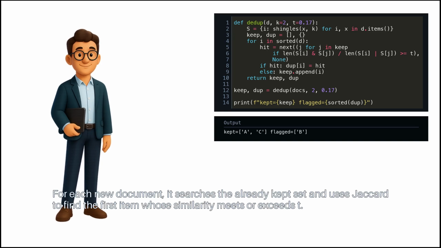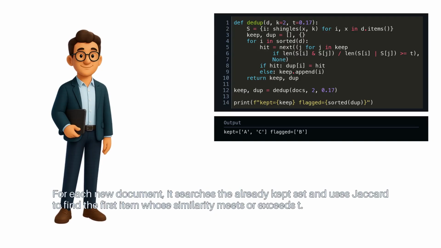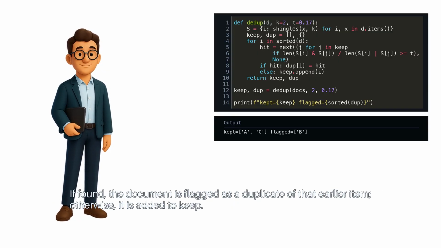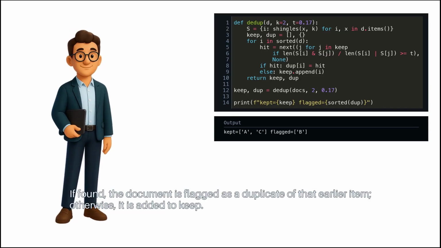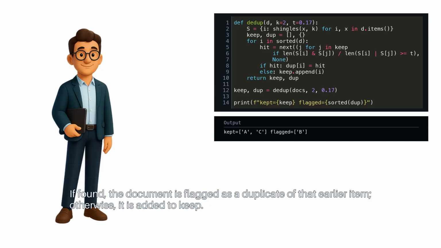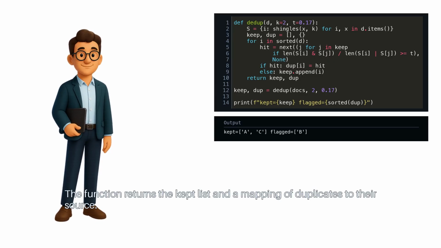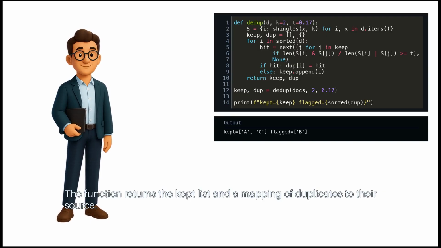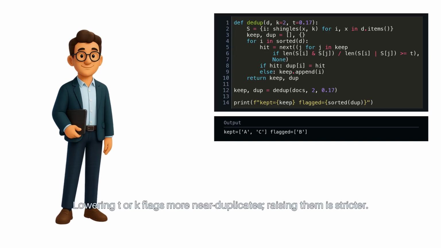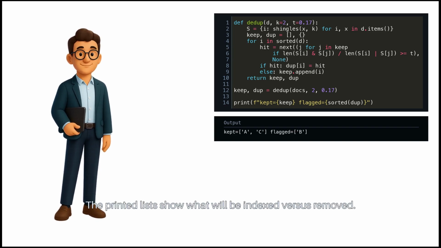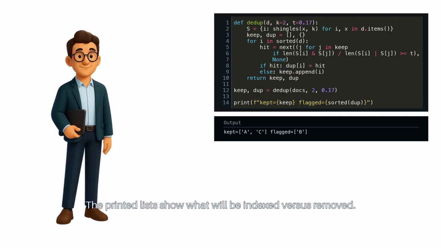For each new document, it searches the already kept set and uses Jaccard to find the first item whose similarity meets or exceeds T. If found, the document is flagged as a duplicate of that earlier item. Otherwise, it is added to keep. The function returns the kept list and a mapping of duplicates to their source. Lowering T or k flags more near duplicates. Raising them is stricter. The printed lists show what will be indexed versus removed.